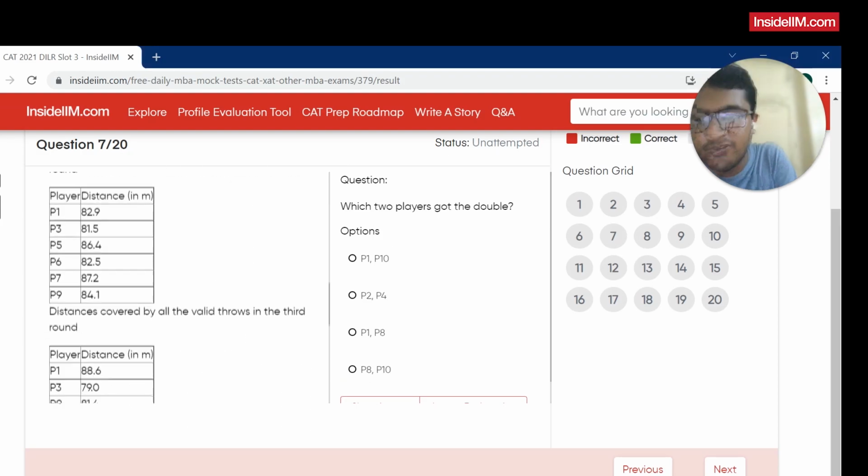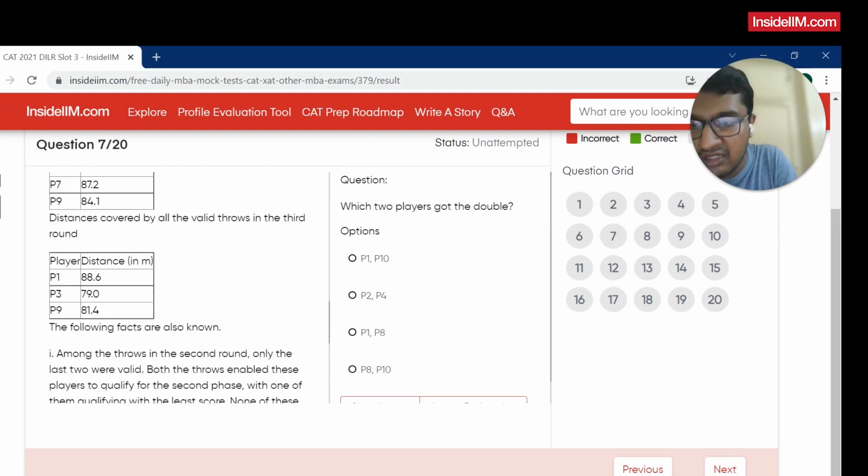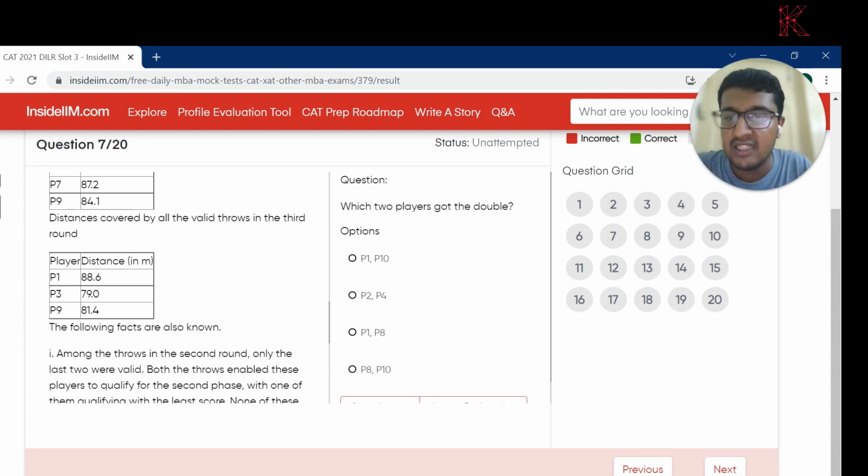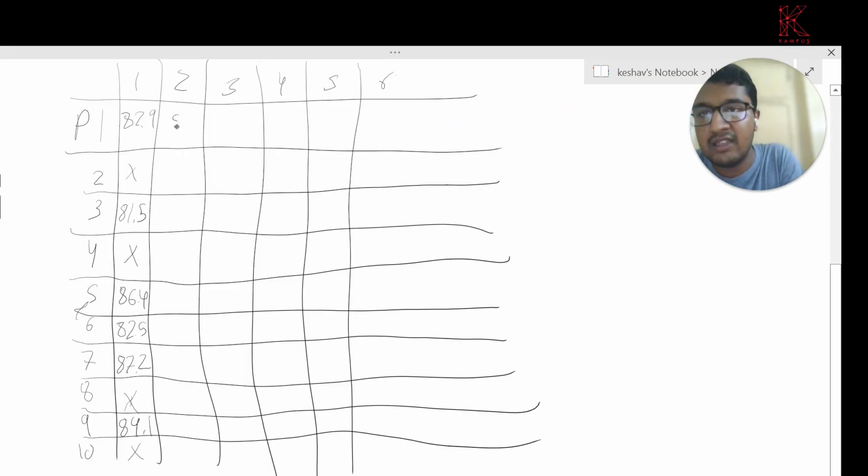Okay. The distances covered by all the valid throws in the third round were P1 88.6, P3 79 and P9 81.4. Sorry, those were for round 3.